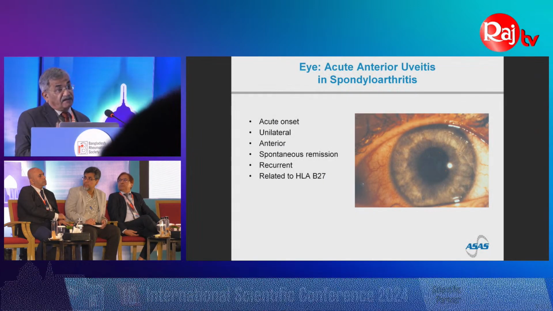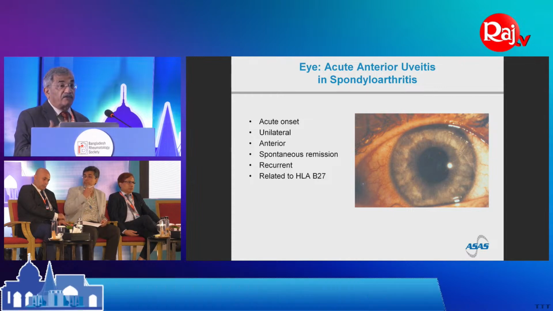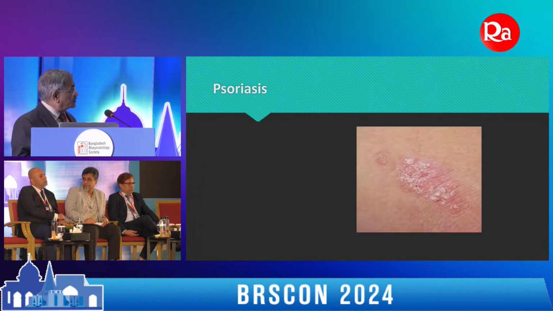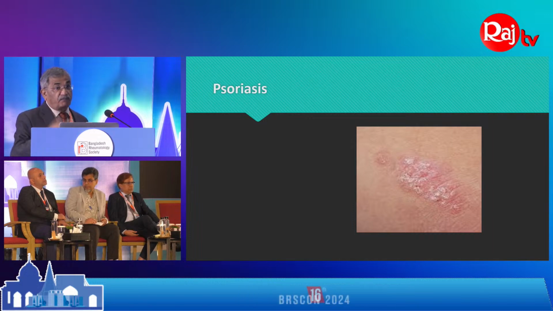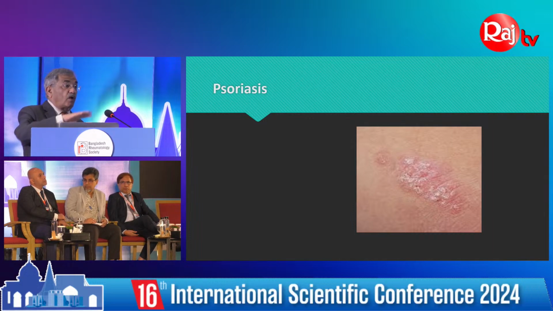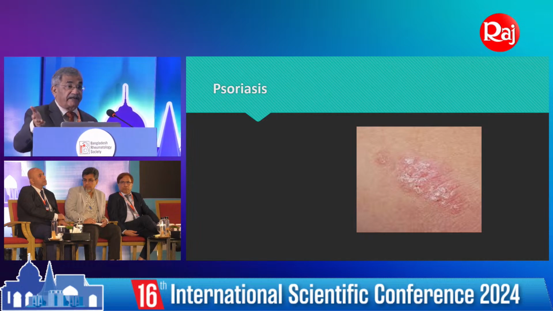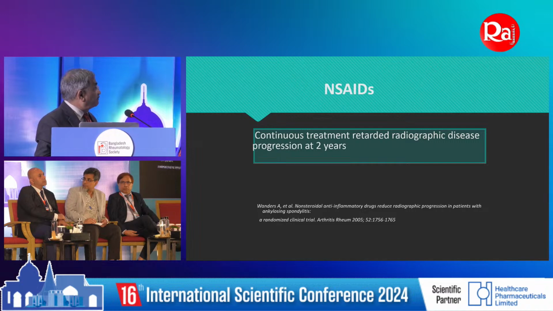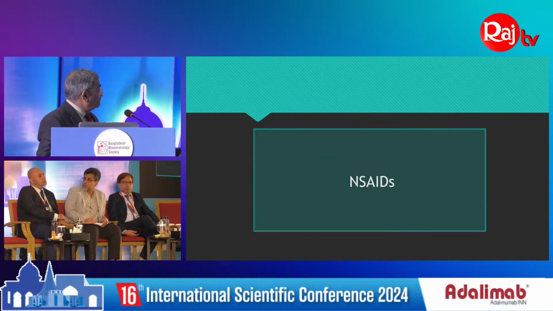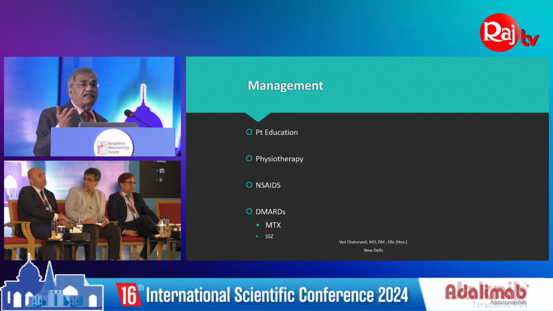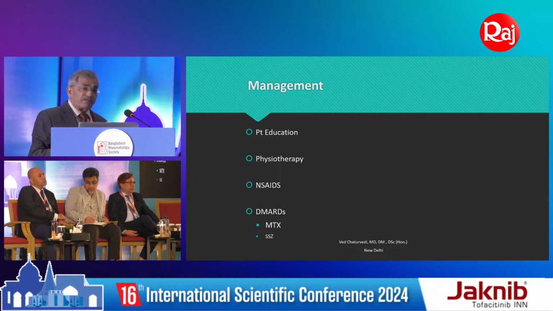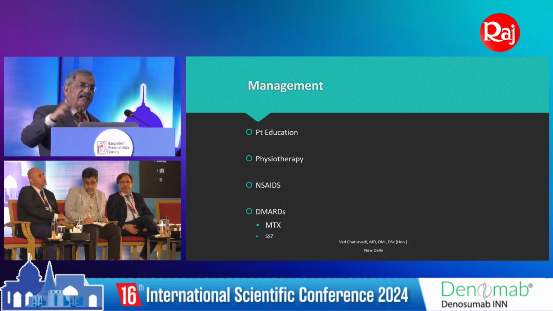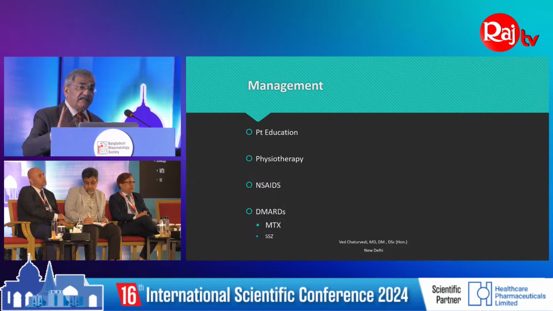So definitely, and of course you need a special drug for situations like uveitis or IBD-related changes, and of course the skin problem like psoriasis, because they all encompass SPA. So they all require different drugs in different settings. So treatment is very simple. Whatever guidelines you read, A guidelines, B guidelines, daily there will be guidelines.